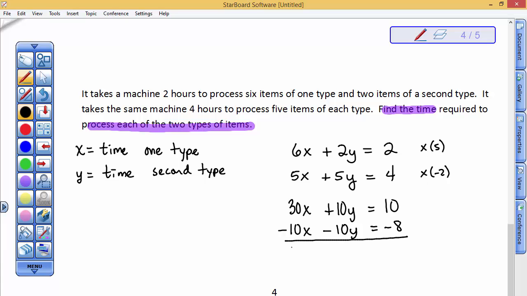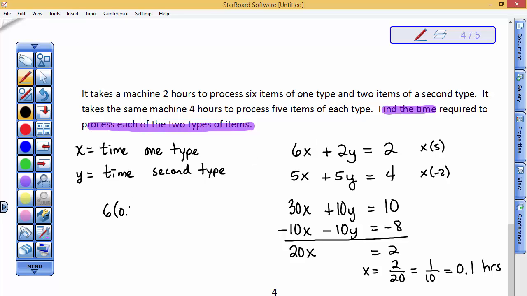You add this right here, you get 20x equals 2, and you divide both sides by 20, and you get 2 over 20, which is 1 over 10, which is 0.1 hours, since all of this was in hours. And then you need to take that answer for X and put it in, probably here would be the easiest.